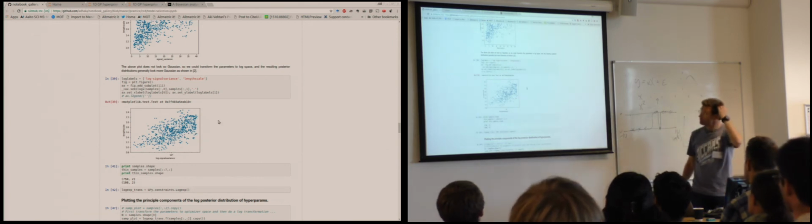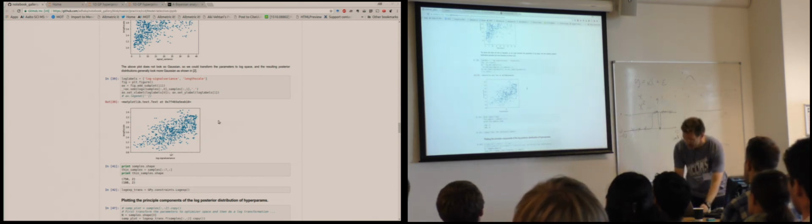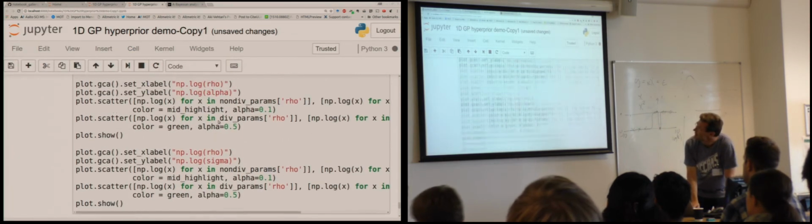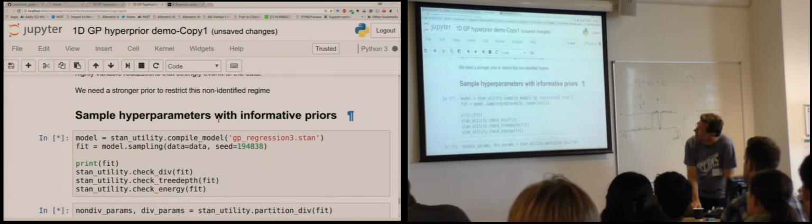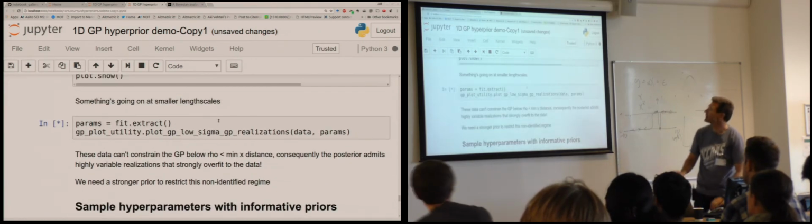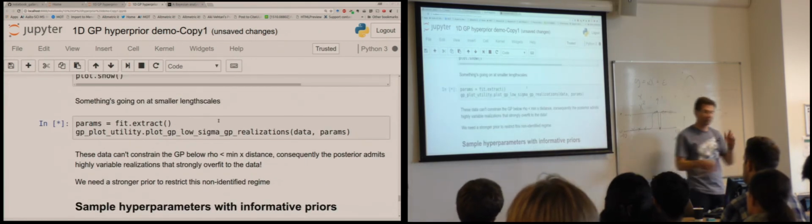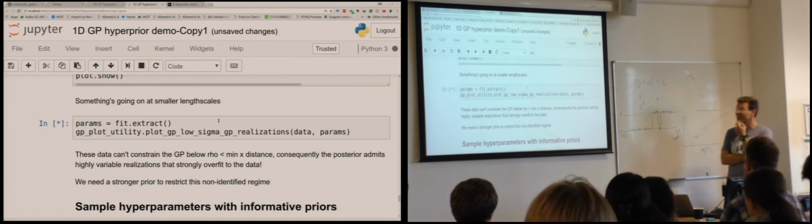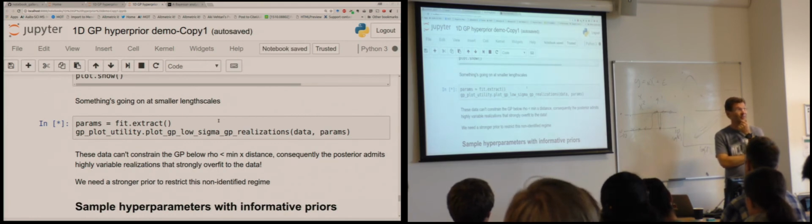Okay, let's see. It's still sampling. But since I'm over time, I'm not going to go into the predictive performance estimation now. But do you have questions at this point?